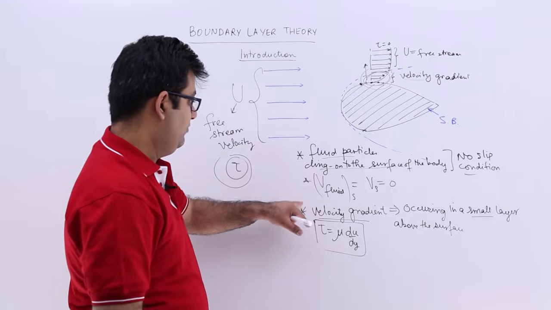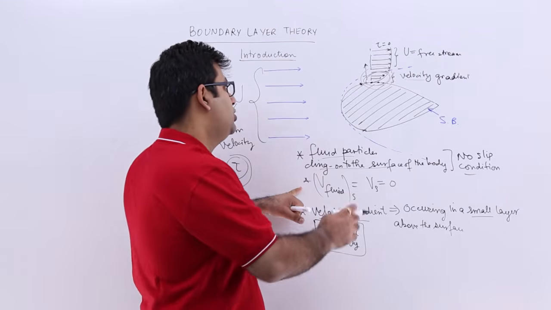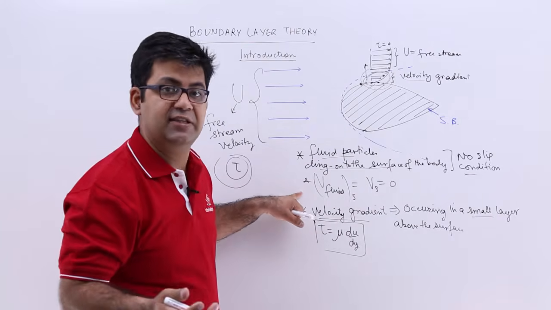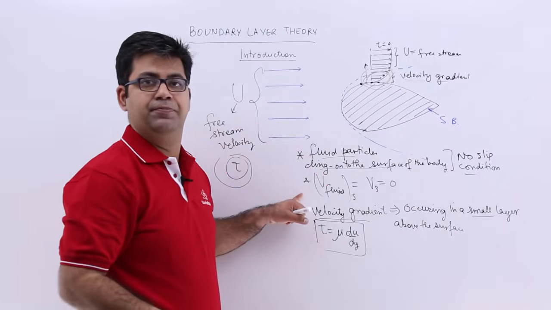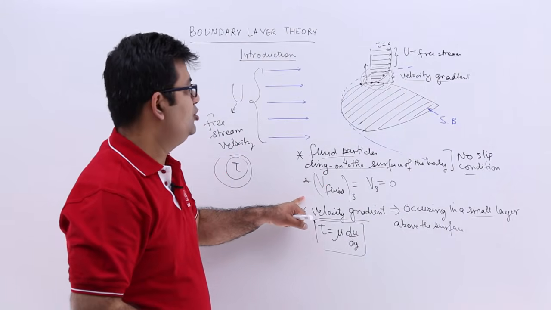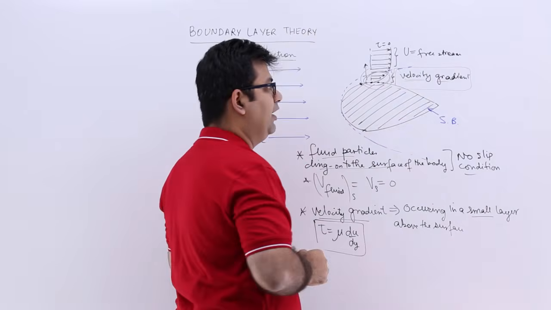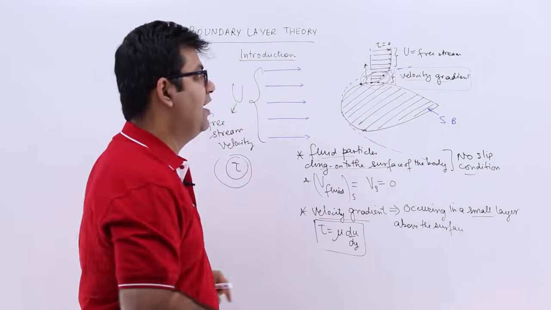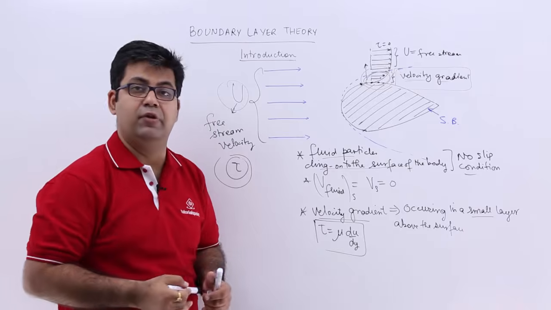As you start going away from the body surface, the velocity will start to change, so a velocity gradient comes into picture. As you keep on moving further away, ultimately this velocity gradient would vanish and the entire flow would have the same velocity, the free stream velocity.